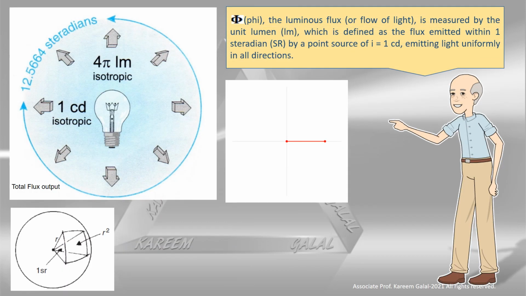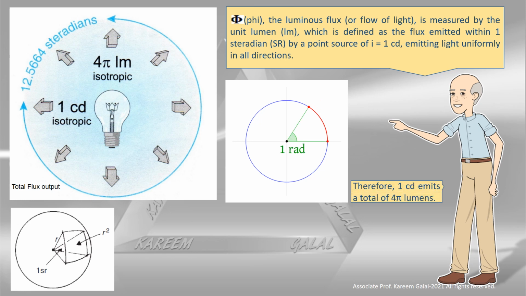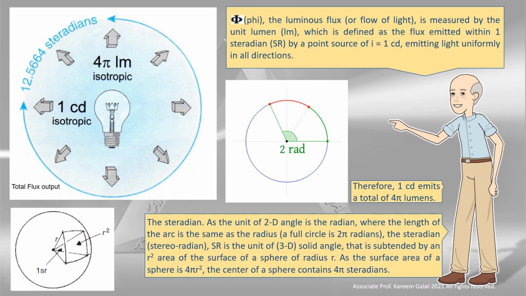Phi, the luminous flux, or flow of light, is measured by the unit lumen, Lm, which is defined as the flux emitted within 1 steradian, SR, by a point source of I equals 1 CD, emitting light uniformly in all directions. Therefore, 1 CD emits a total of 4 pi lumens. The steradian.